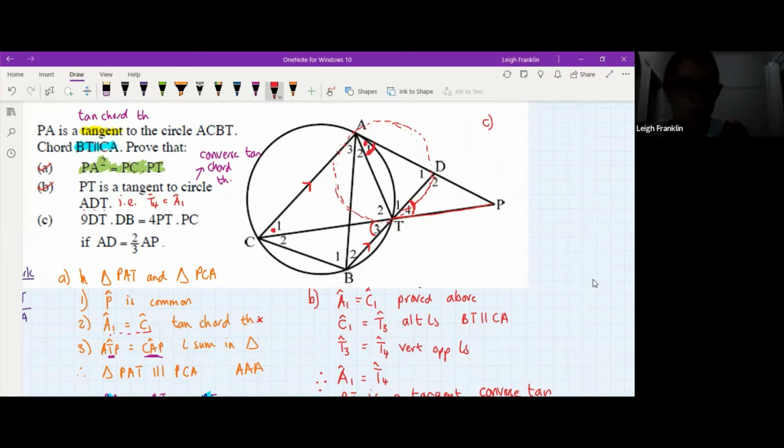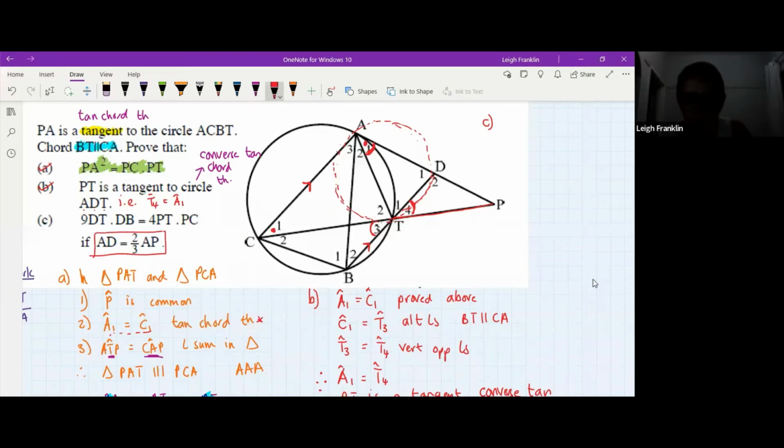Isn't that bizarre? That's why I actually picked this question. So 9DT times DB is 4PT times PC if AD equals 2/3 AP.